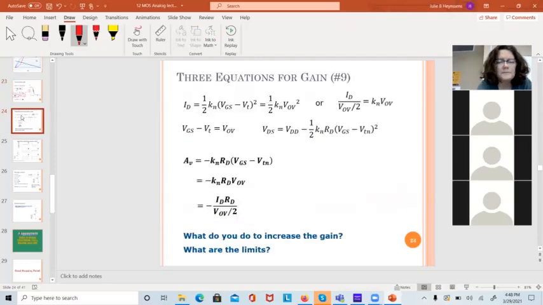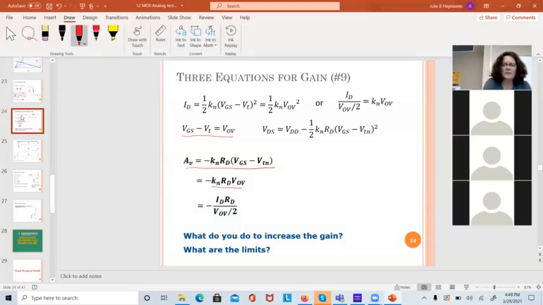Okay. So we get three equations for gain. Basically, I've got a bunch of equations here, and I can algebraically manipulate them. There's the first one, the one we've already looked at. Remember, VGS minus VT is also called overdrive voltage, VOV. This is a really common form because VGS minus VT shows up a lot in the equations, so we gave it a special name.